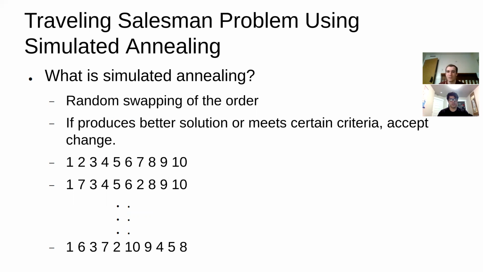And if it's a better solution or meets the criteria, you accept it or you don't. And so this is a little example of what that looks like. And eventually you end up with a solution. You run this for a fixed amount of time. So I ran this for 10,000 iterations.